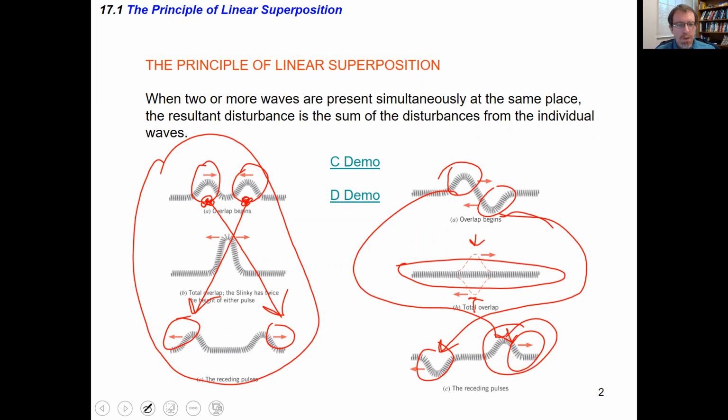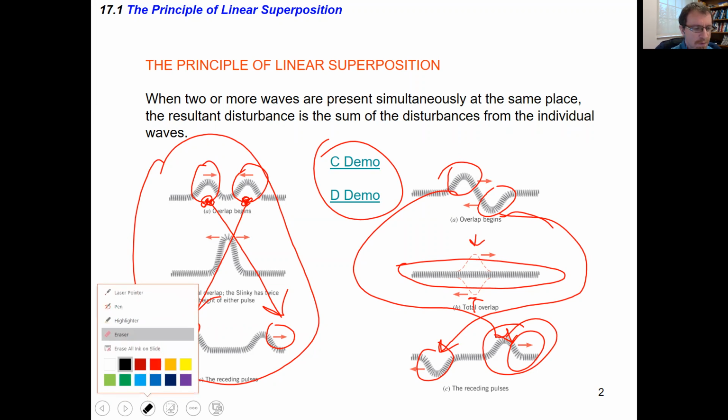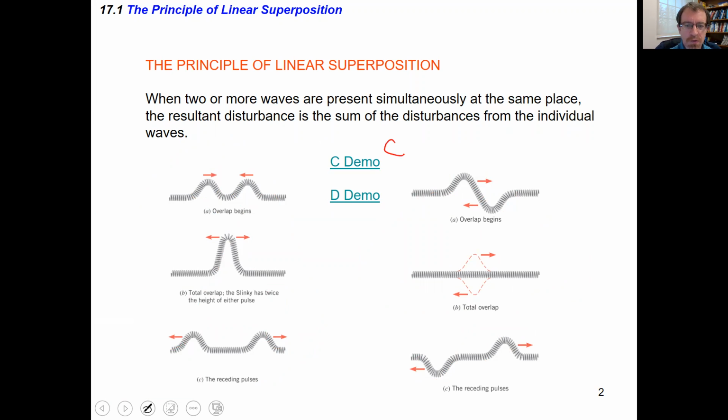You can see in the middle there, it says C demo and D demo. What do C and D stand for? Let's see. C and D stand for constructive and destructive.